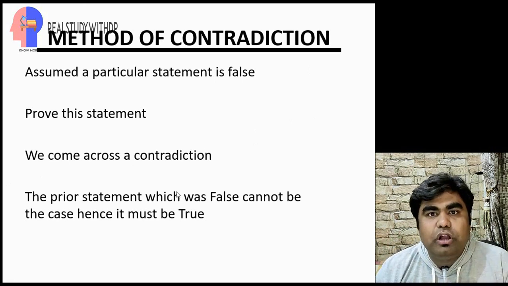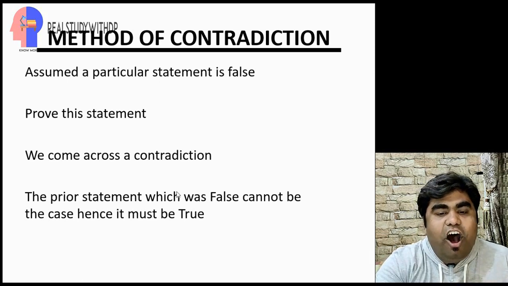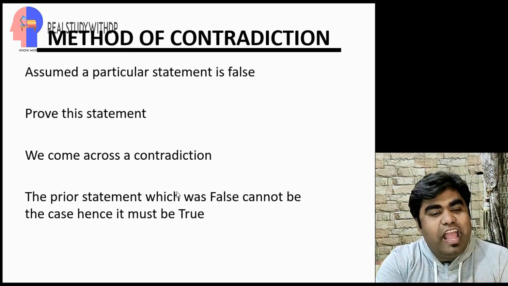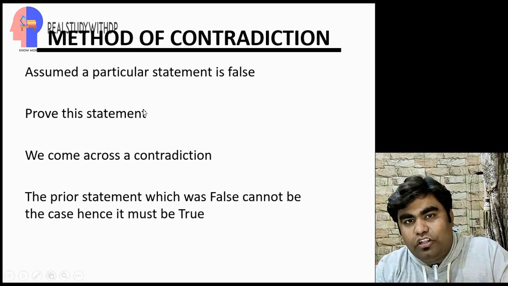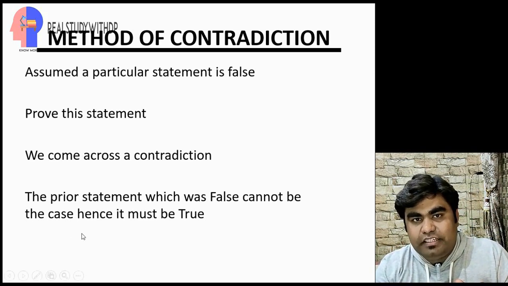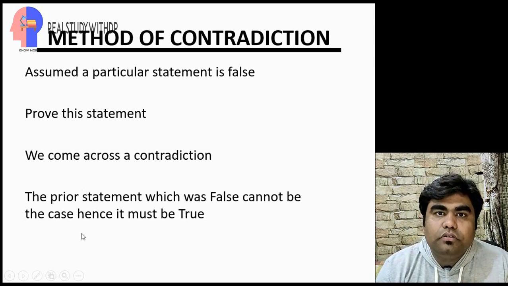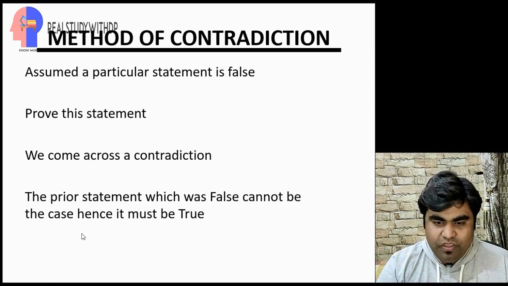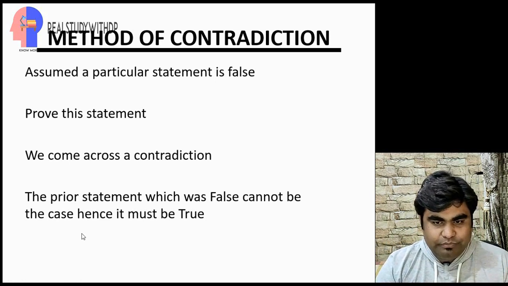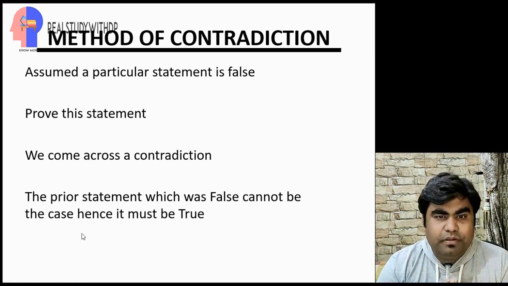It is impossible. Hence, the fourth part, our statement that we have taken as a false one is actually false. Hence the true statement becomes true. So it seems a bit confusing, but actually it is not.